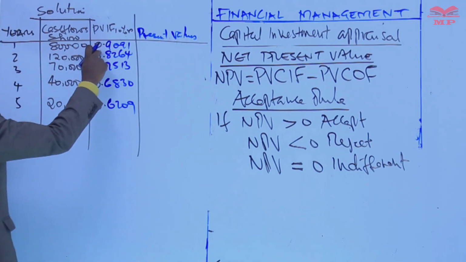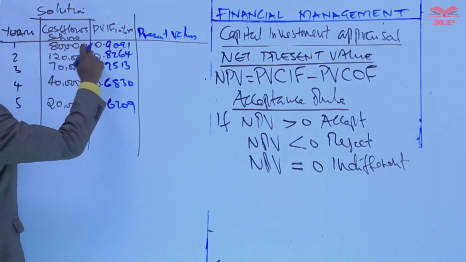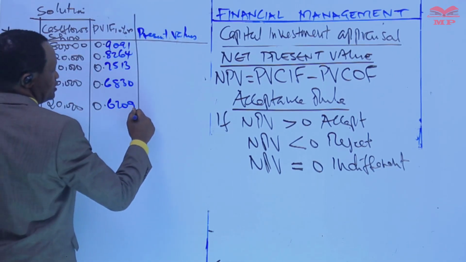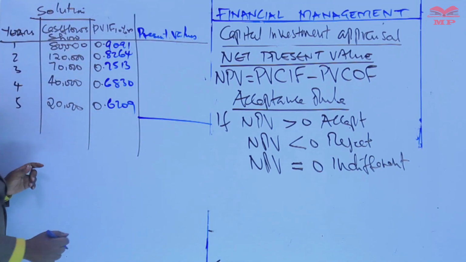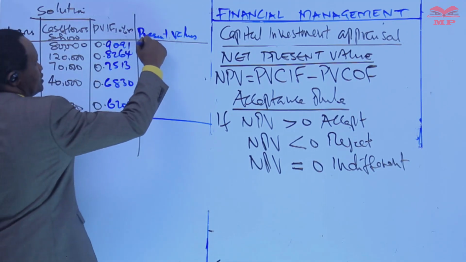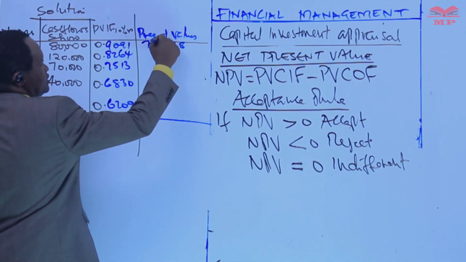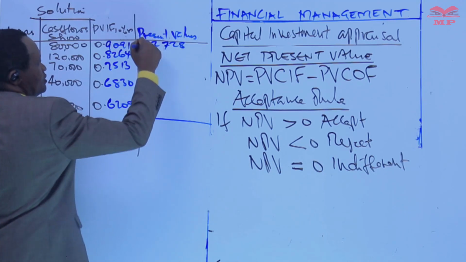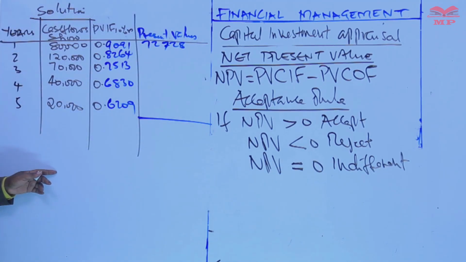Multiply the factor by the future cash flows, give me the values, and get the total. Year 1, 72,728. Please confirm Gilbert's values.